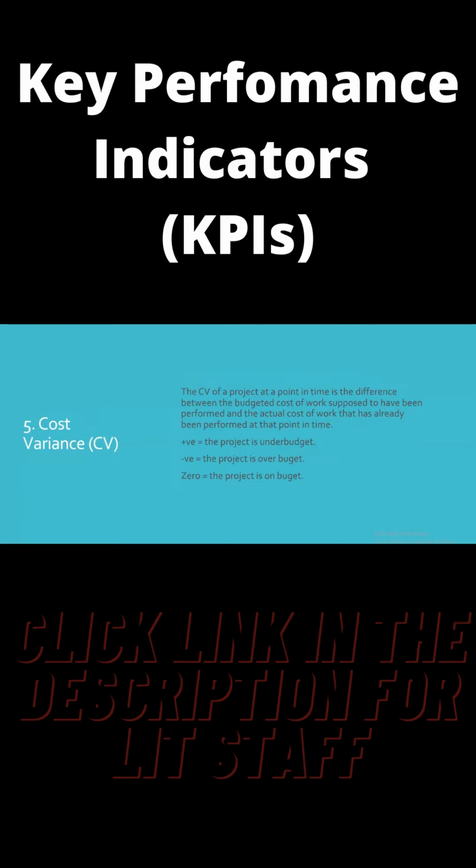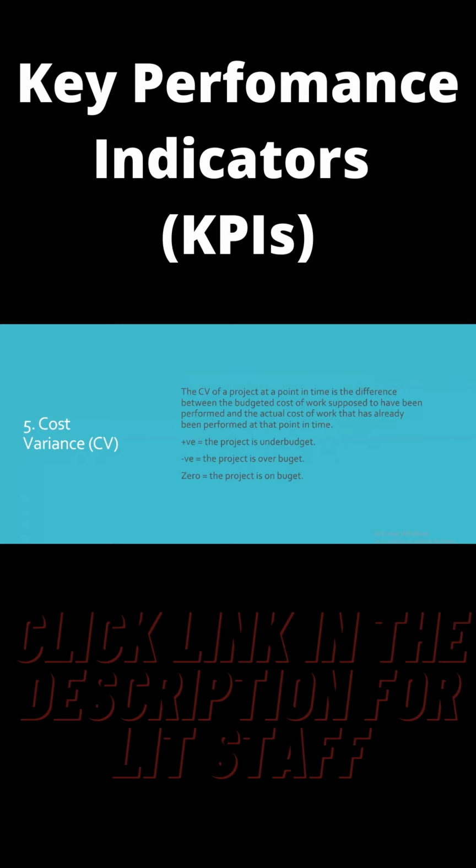The fifth one is the cost variance. The cost variance of a project at a point in time is the difference between the budgeted cost of work supposed to have been performed and the actual cost of work that has already been performed at that point in time.